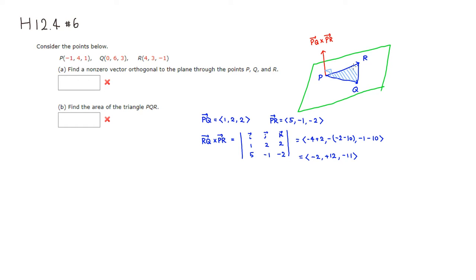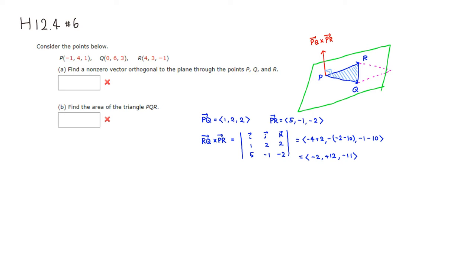But remember that the magnitude of the cross product is the area of the parallelogram. So we're actually getting a little bit more than we want, twice as much, because a parallelogram would look like that. And the area of the triangle is simply half of that.